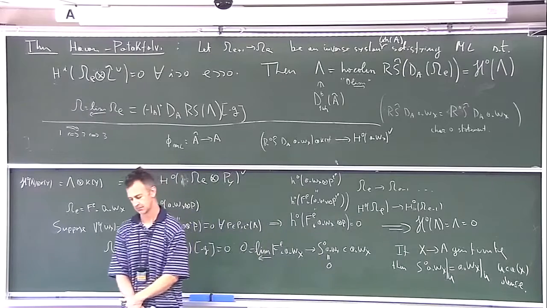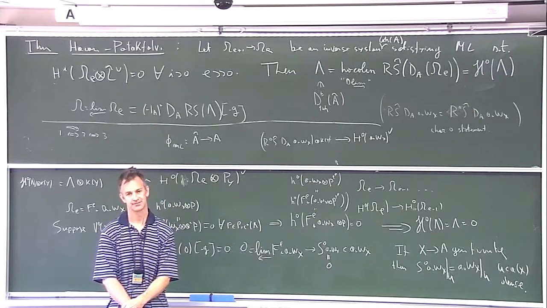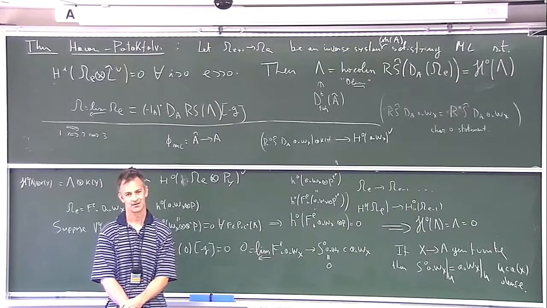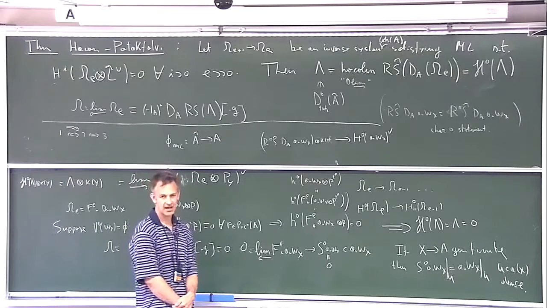Would this prove that if the Albanese map has maximal dimension and X is of general type, then mKX is birational? Okay, yes, I had a student of mine figure that out.